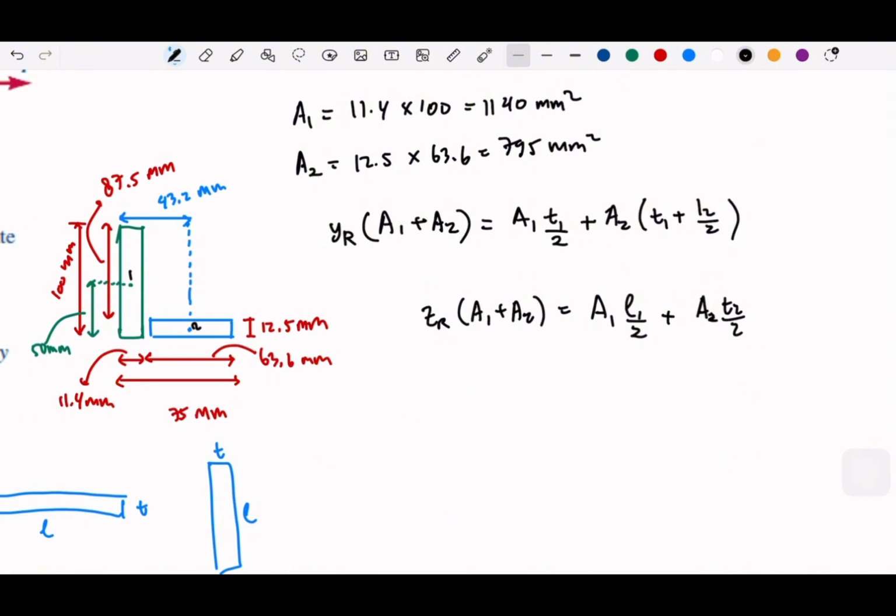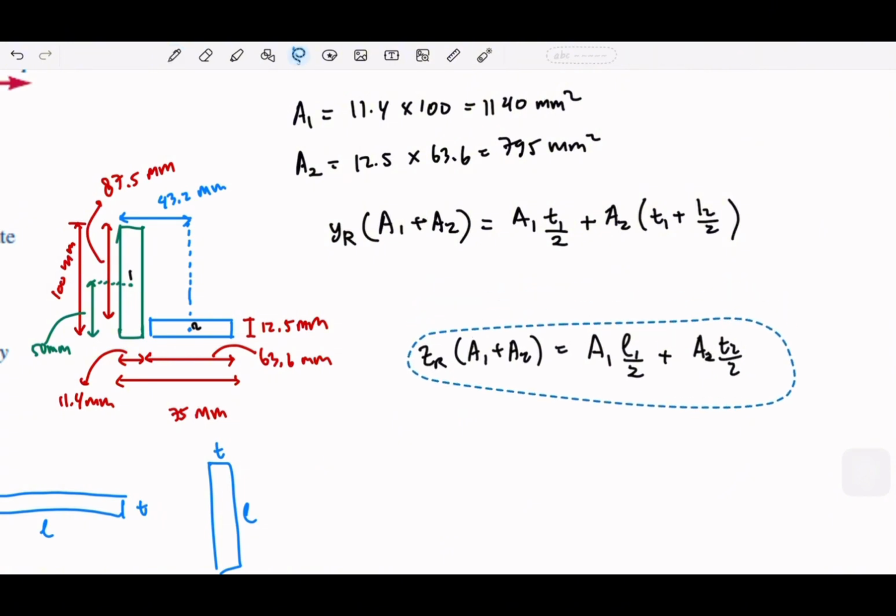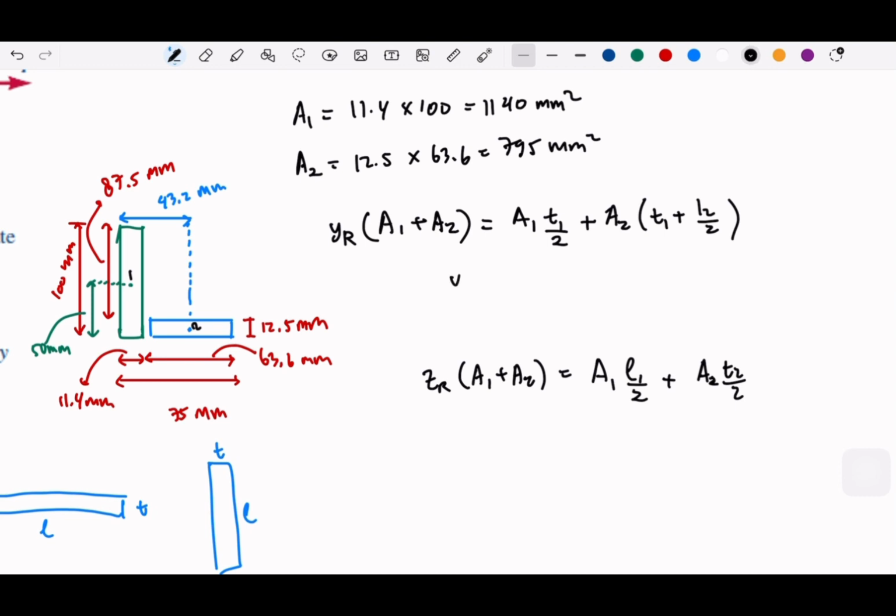Now we can compute all of this. So A1, T1 over 2, 114 over 2 plus A2 is 795, T1 plus L2 over 2 will be 43.2.